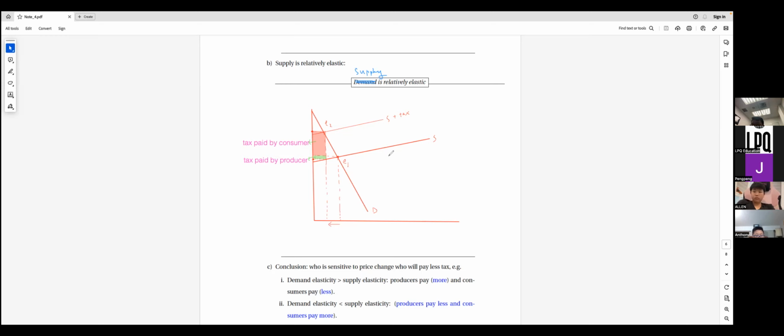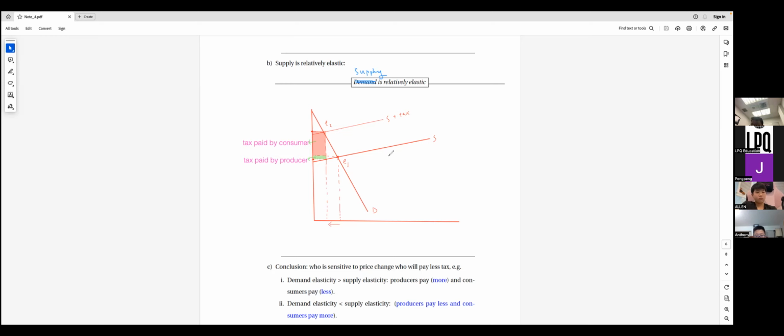You still buy as much as you purchased before after the tax. You reduce the quantity of cigarettes purchased just a little bit because you don't care about paying much more money for cigarettes. So in that case, you pay a larger proportion of the tax.